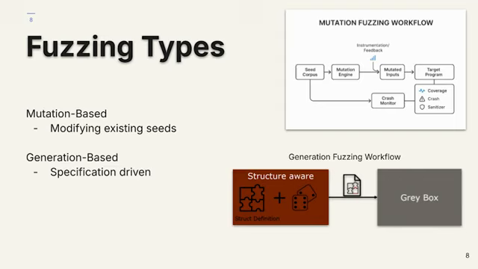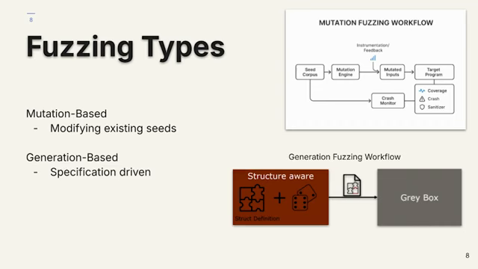Generation-based fuzzing creates inputs from scratch based on a specification or grammar of the programming language, which ensures that the inputs are syntactically valid. A lot of modern fuzzers use code coverage, so they can tell which inputs are bringing them to new parts of the program that the previous did not. But traditionally, grammar-based fuzzers have lacked this feedback mechanism.